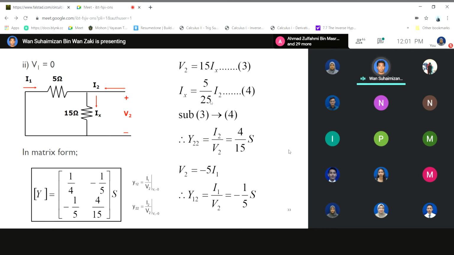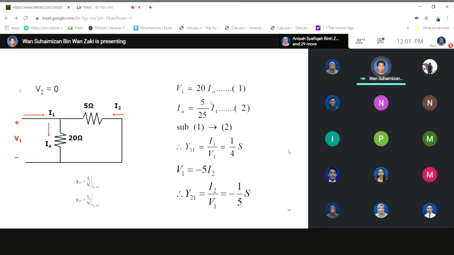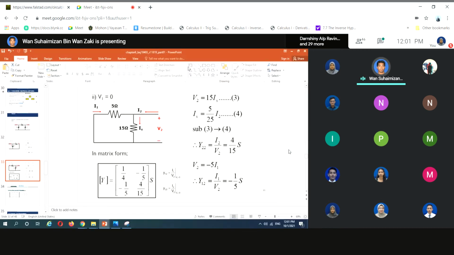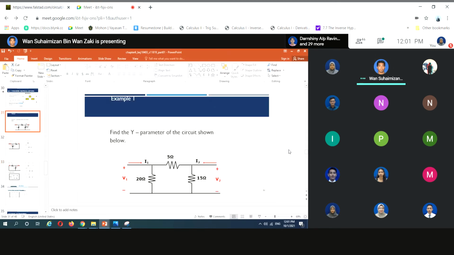So let me check. 20. All right, so mistake here. Suppose this is not 15 ohm.